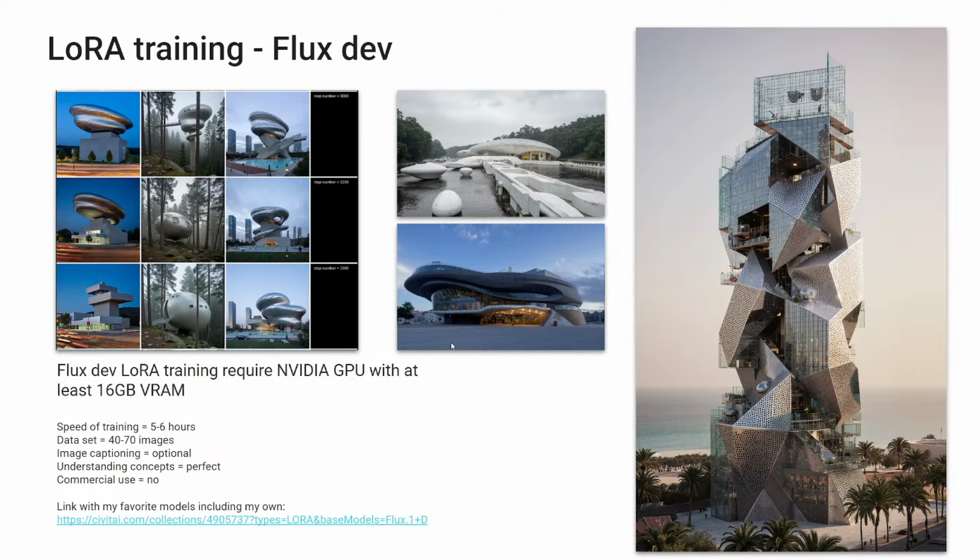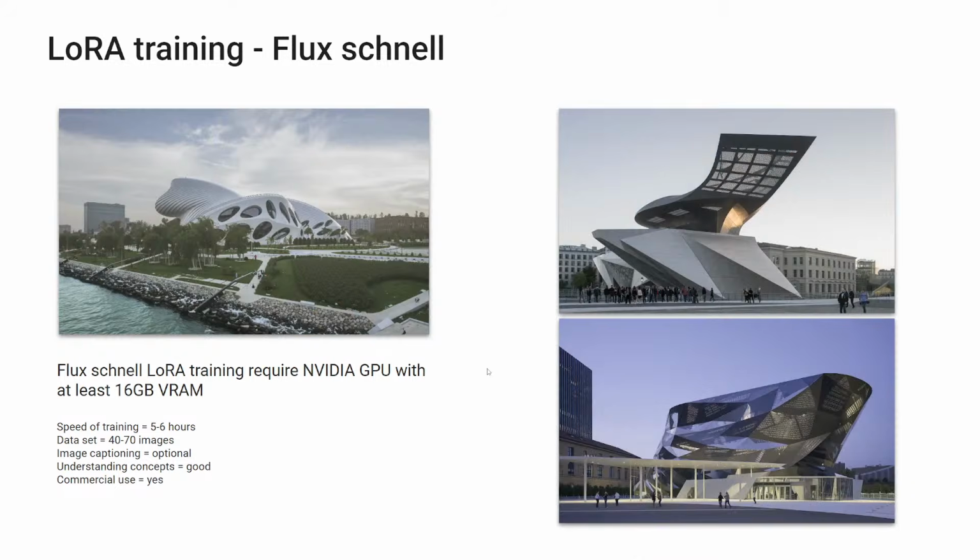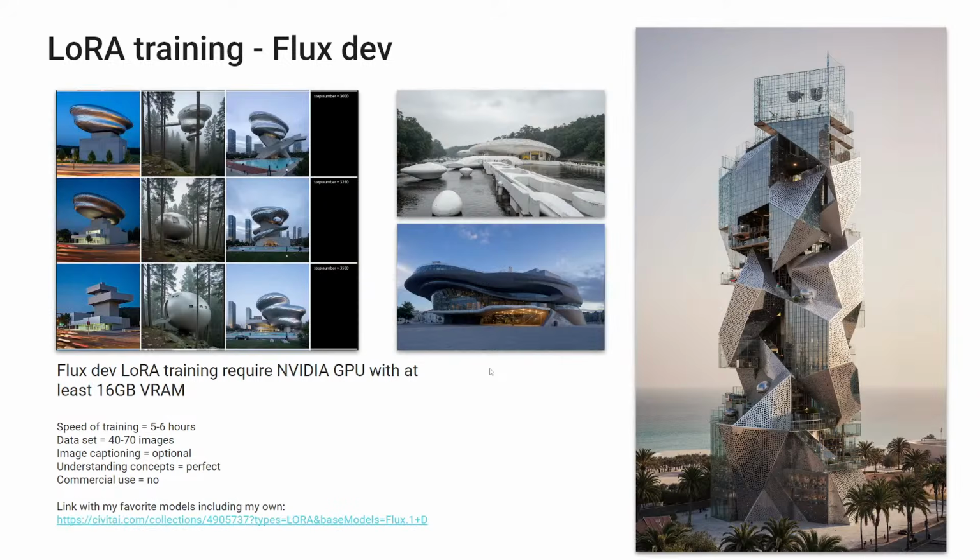But this is for one model. I trained a lot of different models, and you never know which exact parameters work better for one or another data set, and you always need to check. I have several sets of parameters which I always check, and one of the most important is whether you have image descriptions, so this captioning. It's really important. The data set itself, you can remove or add some images.